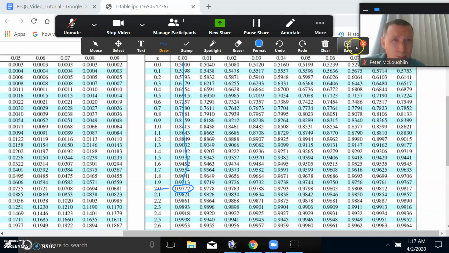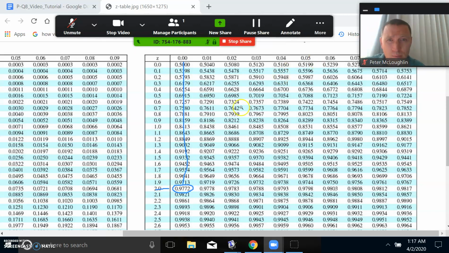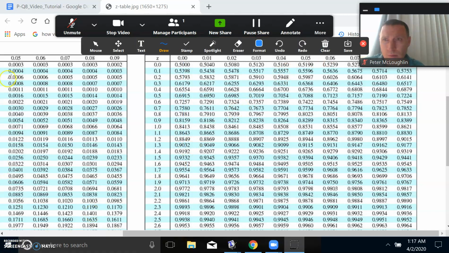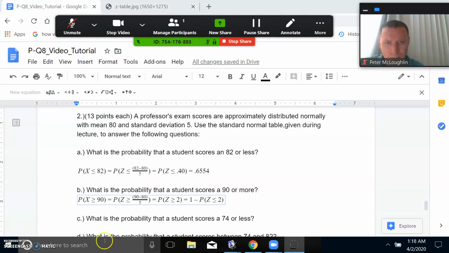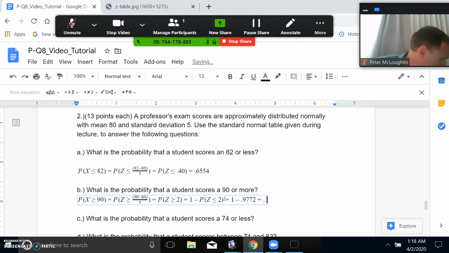Okay, so come back over here. It'll be then 1 minus 0.9772, which equals 0.0228.